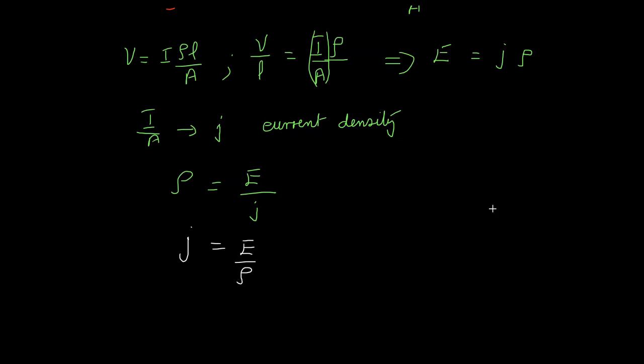But what is 1 by rho? 1 by rho is conductivity. Reciprocal of resistivity is conductivity. Or the expression for current density J is equal to sigma times capital E. So J is the product of conductivity and electric field. Current density is the current per unit area, which is also equal to E by rho.